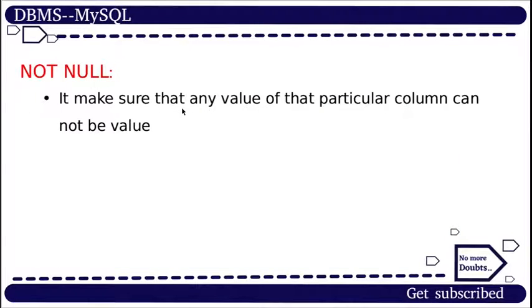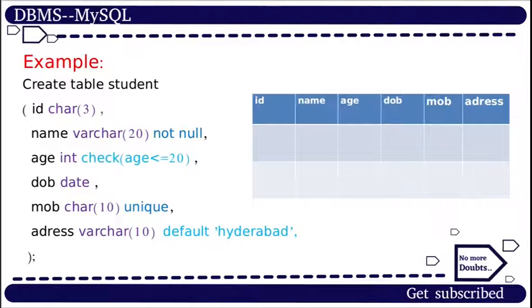Next we will see what is not null. It makes sure that any value of that particular column cannot be null. If you consider this example, for the name, I said it is not null. That means name cannot be null. Not null means it doesn't allow null values, because name is the most important for a person, right? We can see his details or anything. The name is the most important one, so it cannot be null.